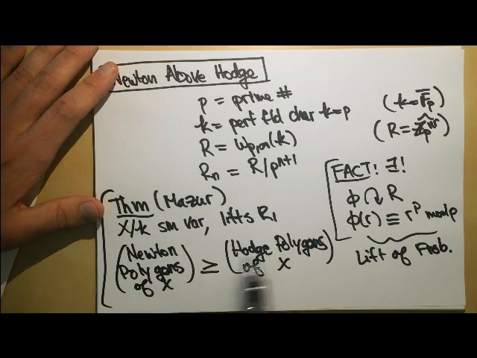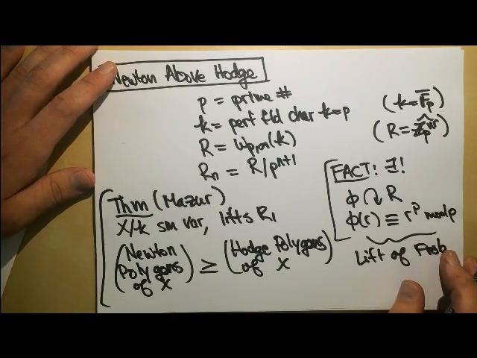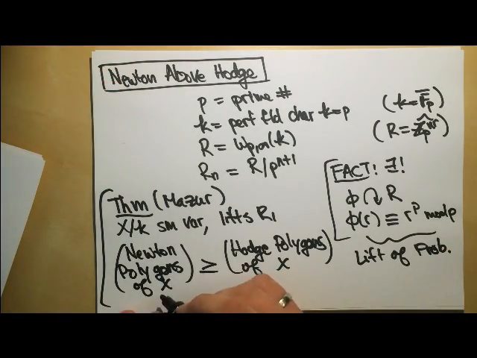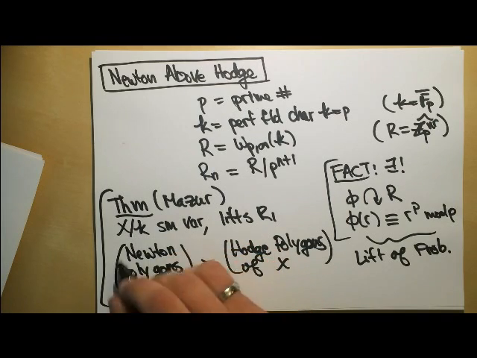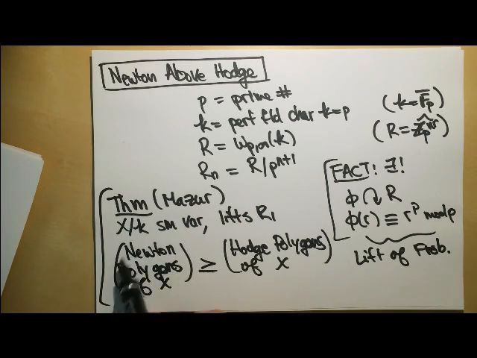Let me say some things about this. We're going to have one of these for each i, and this is going to have to do with the ith cohomology. The Newton polygon has to do with eigenvalues of the Frobenius on cohomology, and the Hodge polygon has to do with the Hodge numbers. So we're going to take an eigenvalue of the Frobenius, and then we're going to take its order mod p, so it's going to look like p to the n times something.